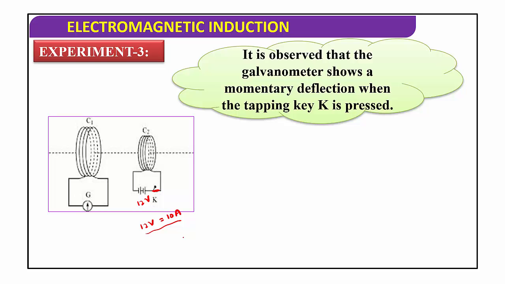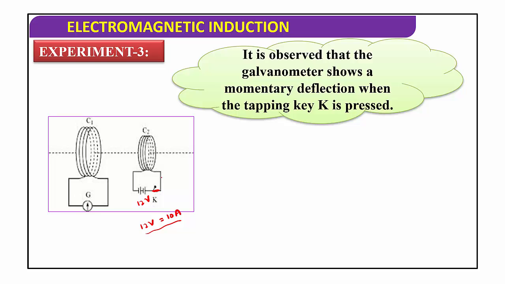When the current is increasing, the magnetic field also increases. That means a change in the magnetic field takes place. Because of the changing magnetic field, induced EMF takes place or electric current is produced in the first coil, so that the galvanometer shows deflection. Is it clear?